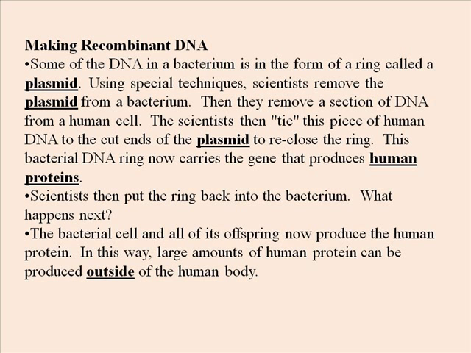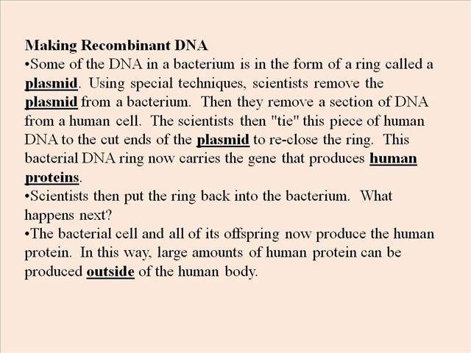So as the bacteria reproduces and makes more bacteria, all of these new bacteria will make this growth hormone for us. And because bacteria reproduces much more quickly, it can produce a way larger amount of human protein than our bodies can actually produce on our own.